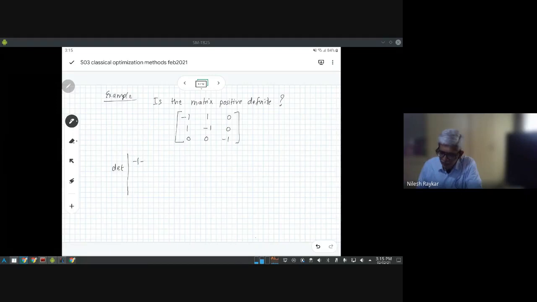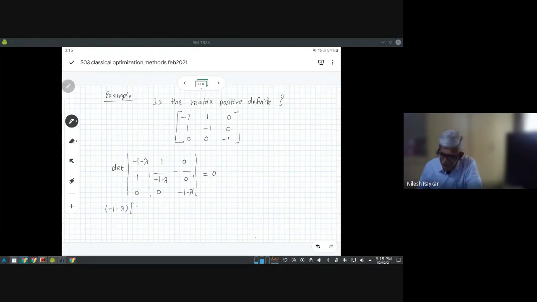All diagonal terms you have to write minus lambda. So remaining terms remain as they are. 1, minus 1 minus lambda, 0, 0, 0, minus 1 minus lambda, equal to 0. So you have to evaluate this determinant. So we'll get -1 minus lambda into this particular determinant.